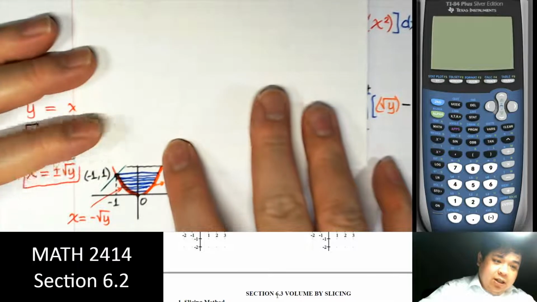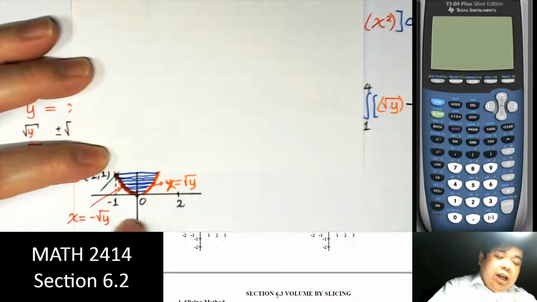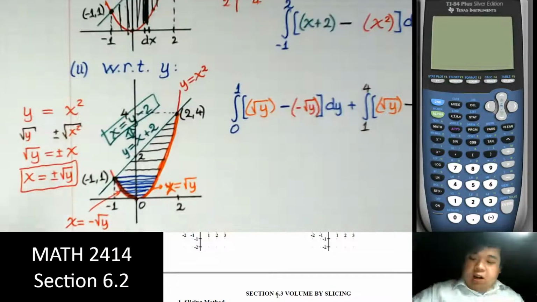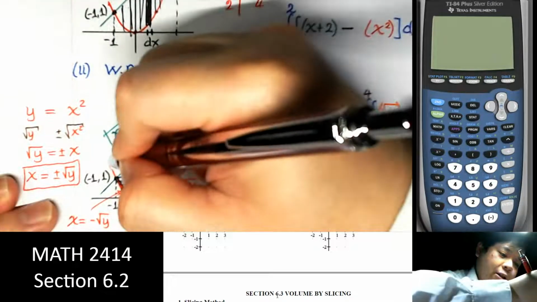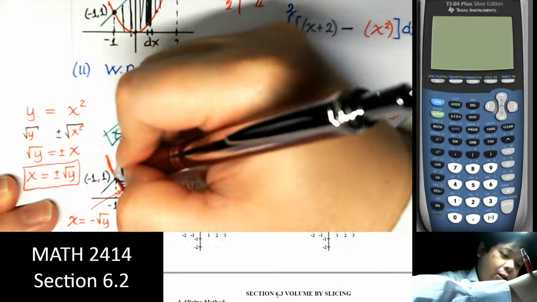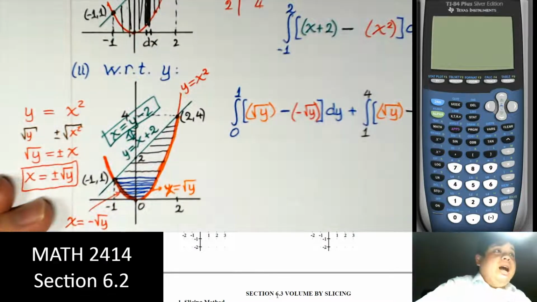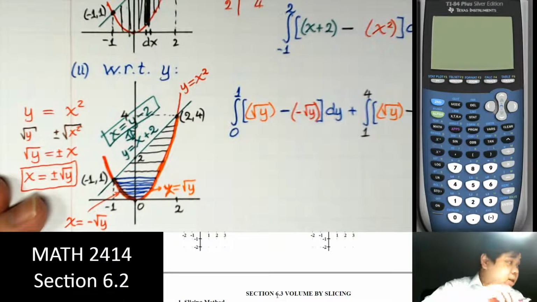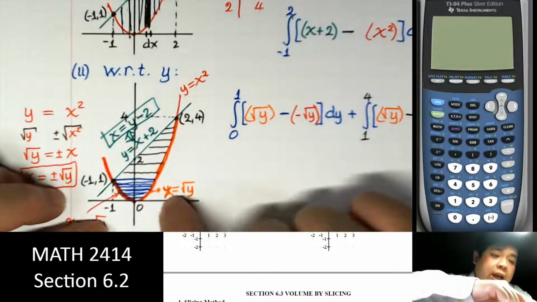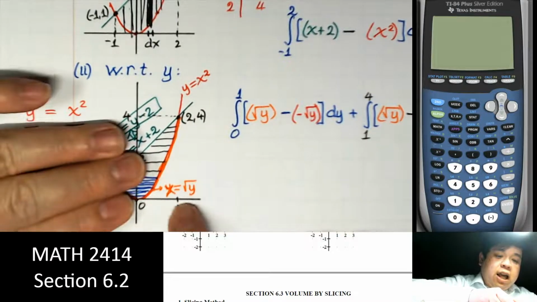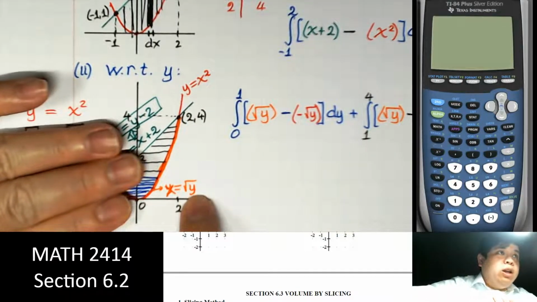So we have on the left hand side here x equal to negative square root of y, and on the right hand side x equal to positive square root of y.